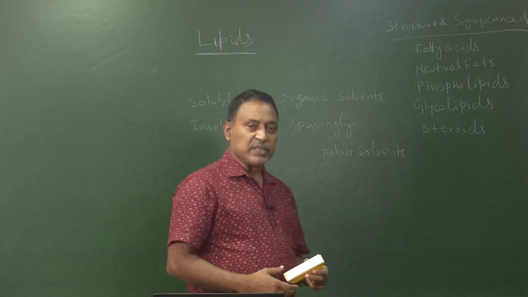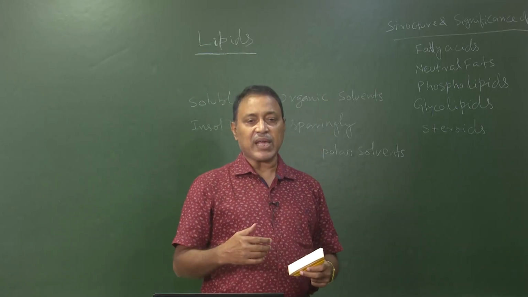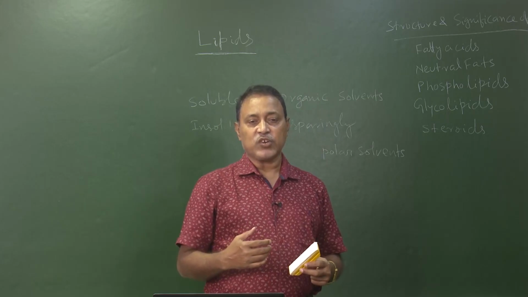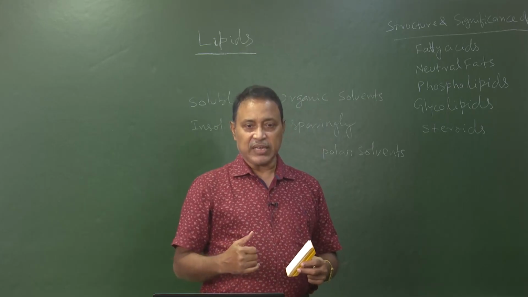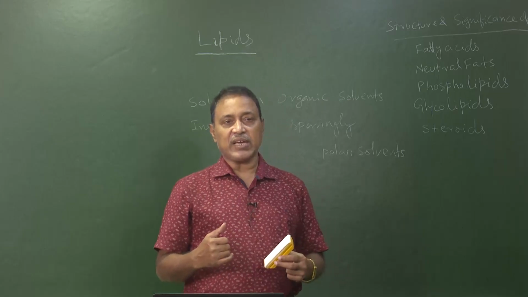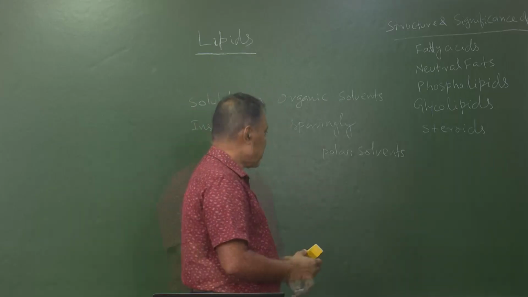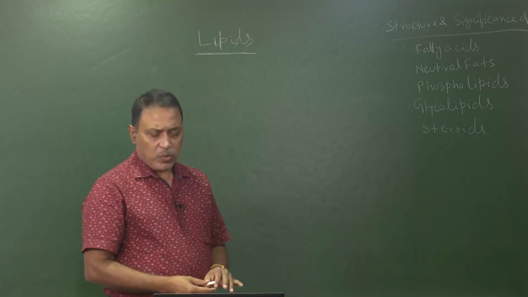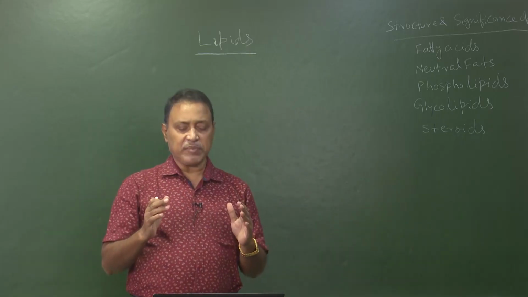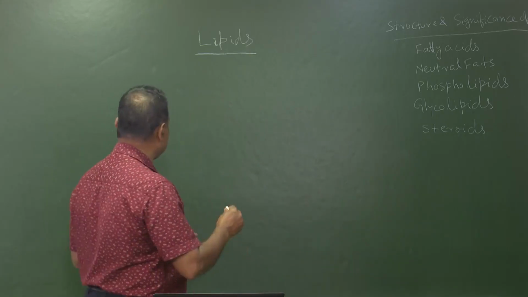We can well imagine that chemically they are a very diversified group of molecules. Now, we will see what they can be used for and how we can classify them.